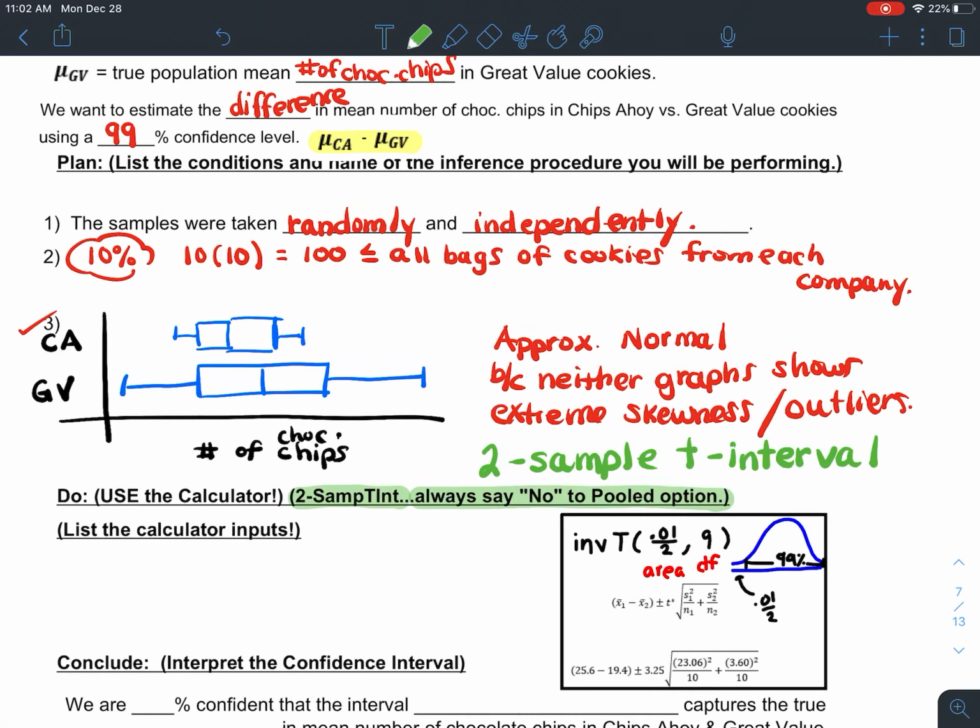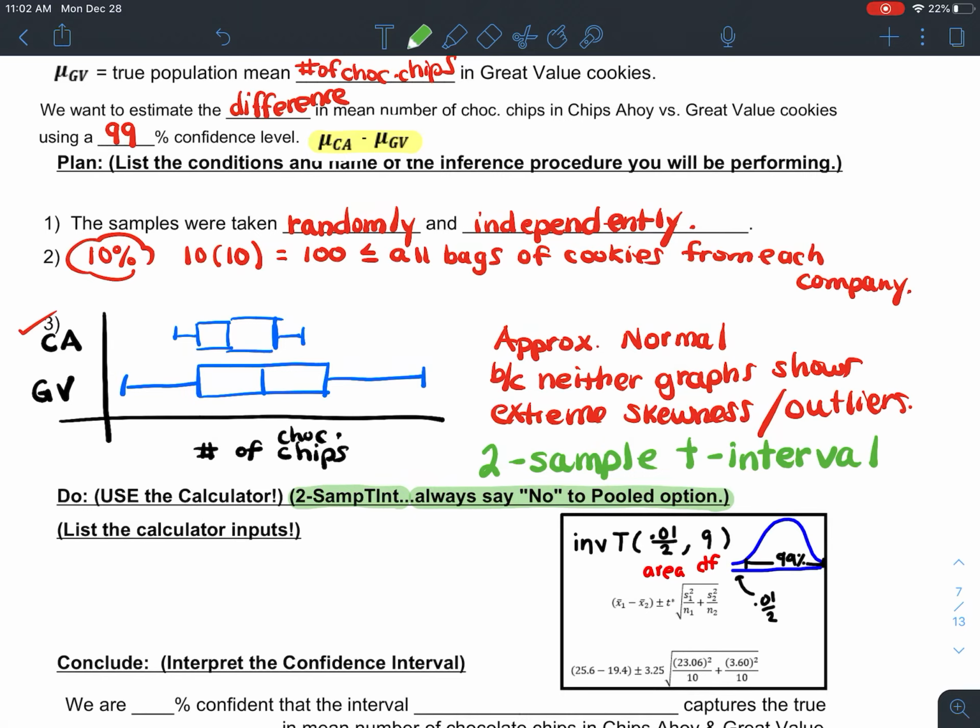Okay, so I'm just reporting all these things I'm seeing on my screen here for each of these. Okay, and we also want to definitely make sure that we are reporting the degrees of freedom that the calculator gives us. Okay, the calculator uses a little bit more complex formula for the degrees of freedom, which is fine. Just report whatever it tells you to there.